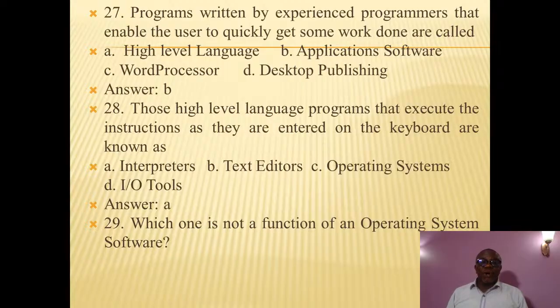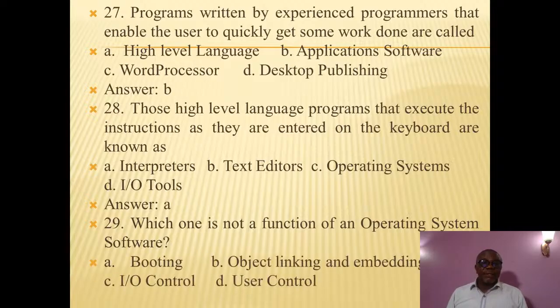29, which one is not a function of an operating system software? In other words, what does your OS do? Say booting, object linking and embedding, I/O control, user control.